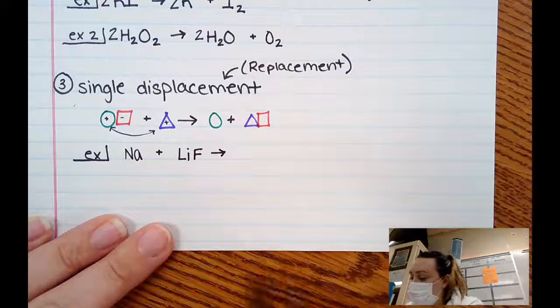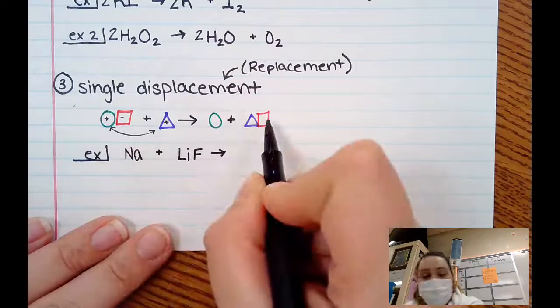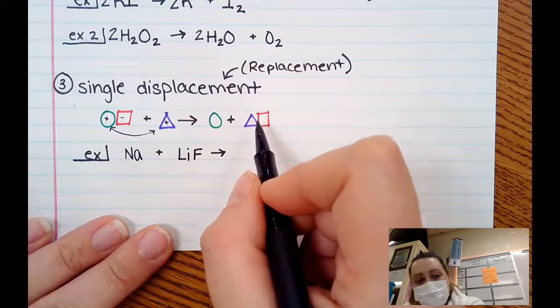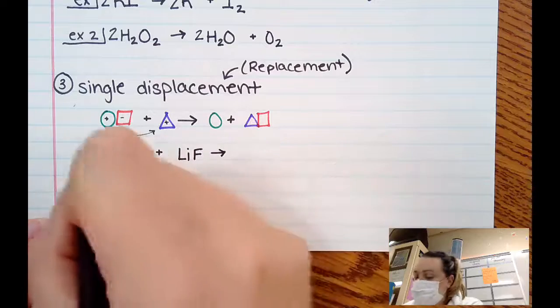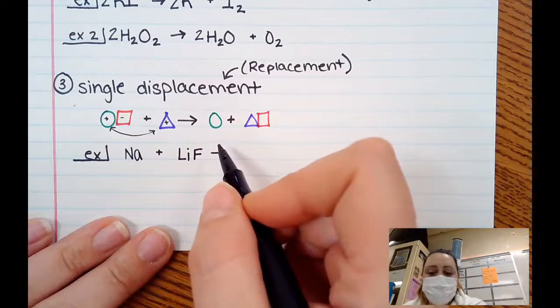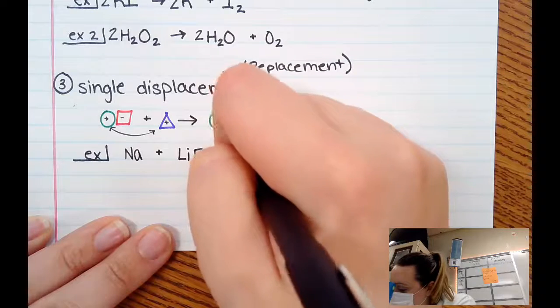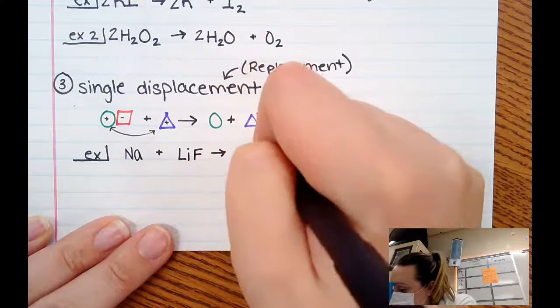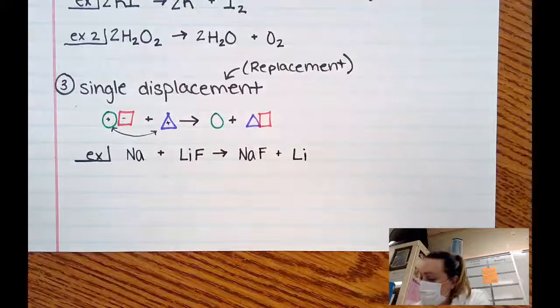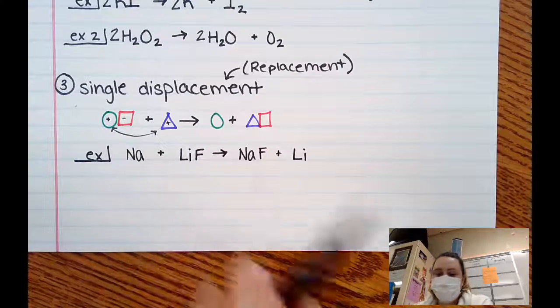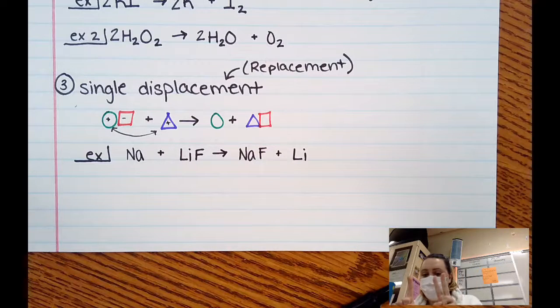You will just look at something that's written out for you and say, is that synthesis, decomp, single displacement? And based on the patterns you see, you will determine what type of reaction it is. So you would see that these trade places. So we had a compound and an element, and it trades places. So now we have compound and element.